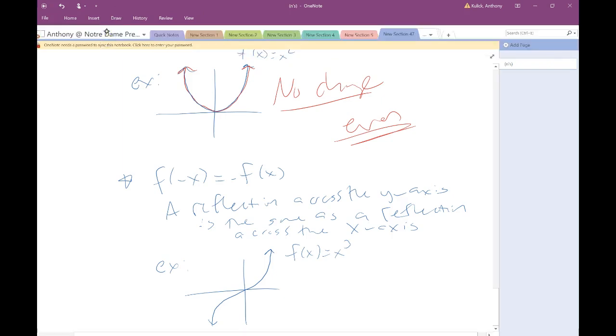So we'll do the y-axis first. When I reflect this across the y-axis, the top half goes over to that side, and the bottom half goes over to this side. Okay there? So when I reflect across the x-axis, this piece goes down here, and this piece would go up here, and notice that they are exactly the same result. So that means that we're odd.